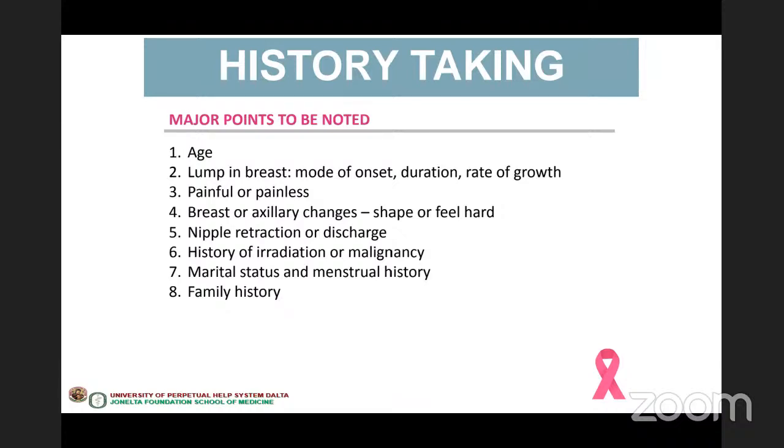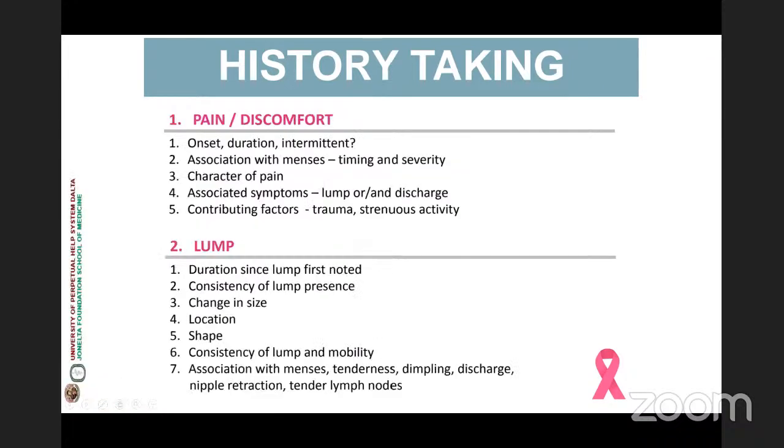You look at the age, you look at the lump in the breast, if it's painful or painless, if there are breast or axillary changes, nipple retraction or discharge, if there's history of irradiation or malignancy, you have your marital status and menstrual history and family history. So all would point to possible risk factors that could be seen in the patient.